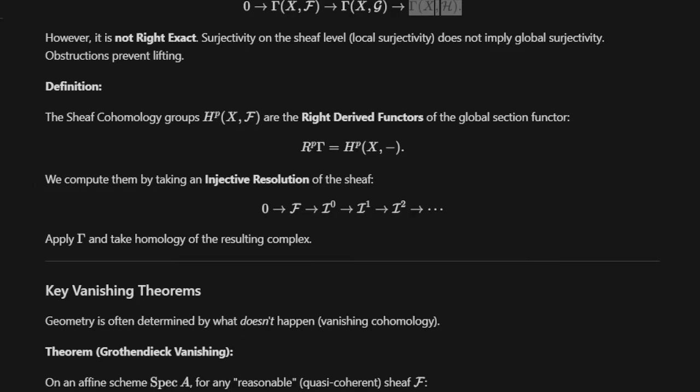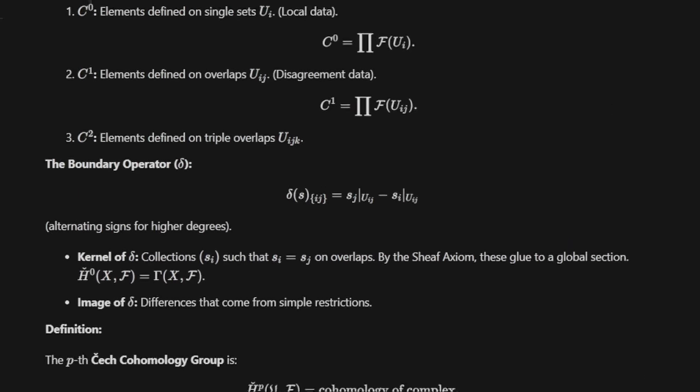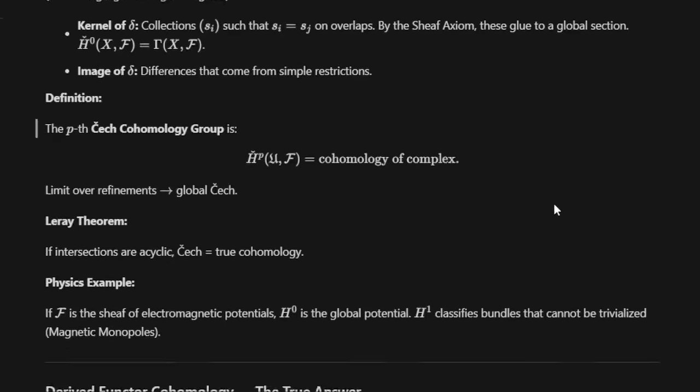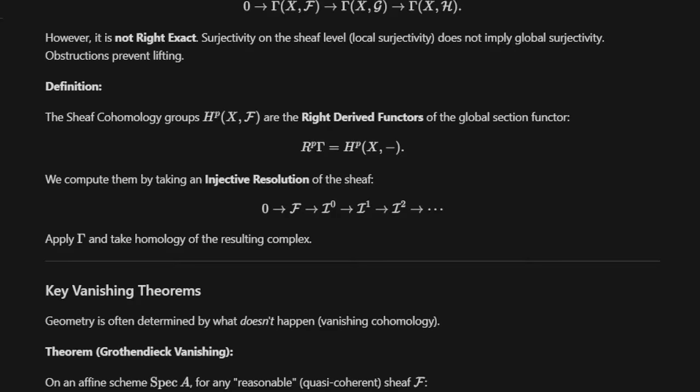And so the boundary map, delta, allows us to take a global section of F and spit out the obstruction class in the cohomology group. So if the class is non-zero, you cannot lift the section, right? And that's simply how that would work.